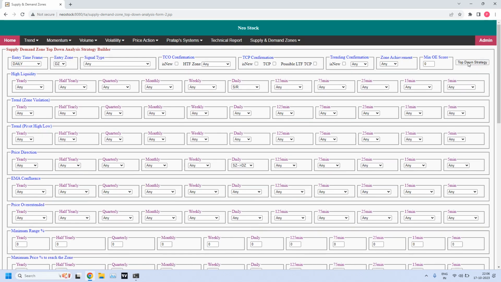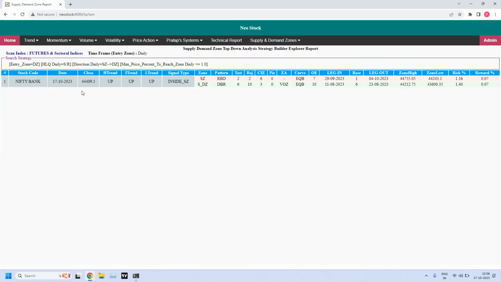So let me filter the stocks. Only one stock is listed, that is Nifty Bank, which is moving from supply zone to demand zone. Look into the strategy, search strategy. Entry zone is demand zone.